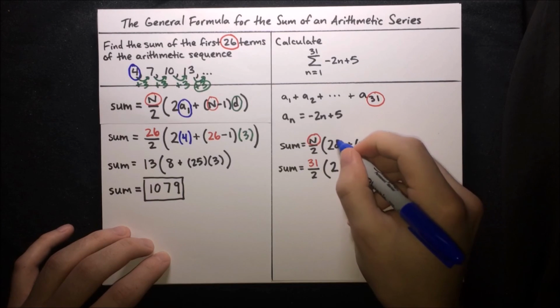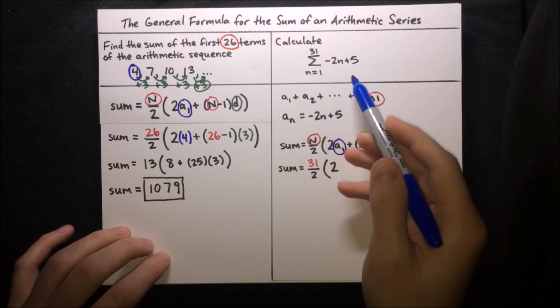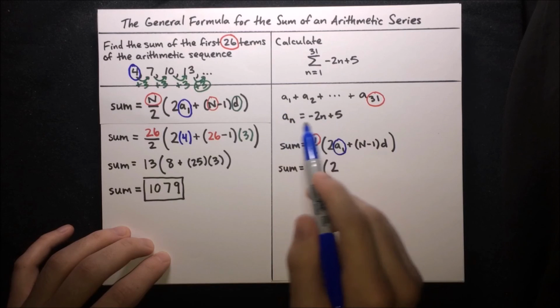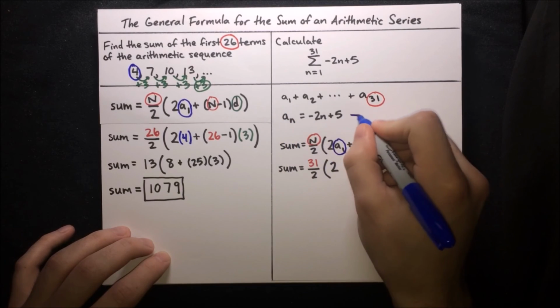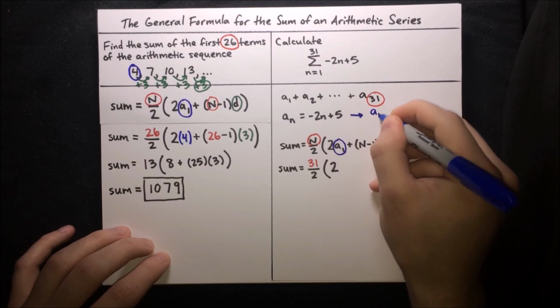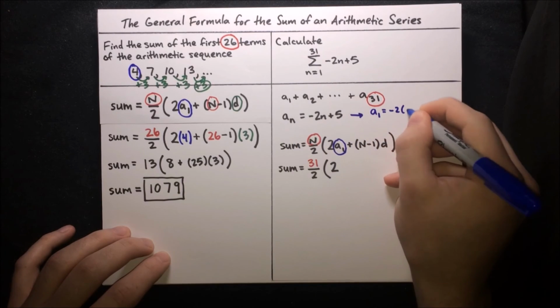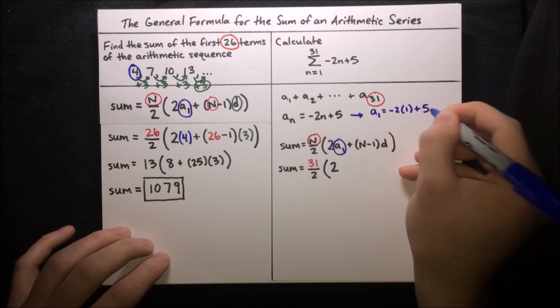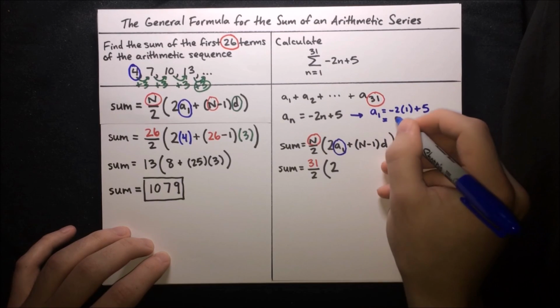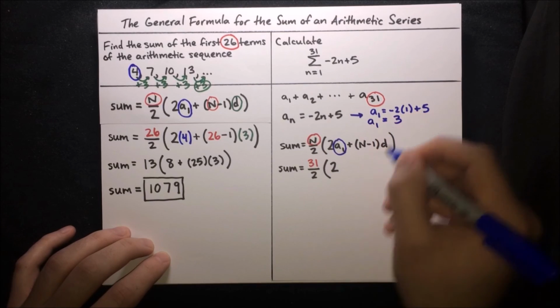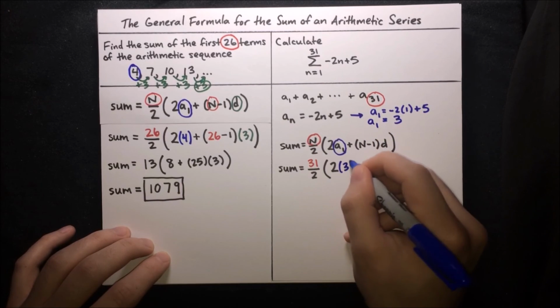Now, what is a1? We don't have that explicitly here. We're just told the formula for the nth term, but that's okay. We can just plug n equals 1 into this formula, and that'll give us a1. So a1 equals negative 2 times 1 plus 5. So that's really negative 2 plus 5, which is just 3. a1 equals 3. So put that in here.